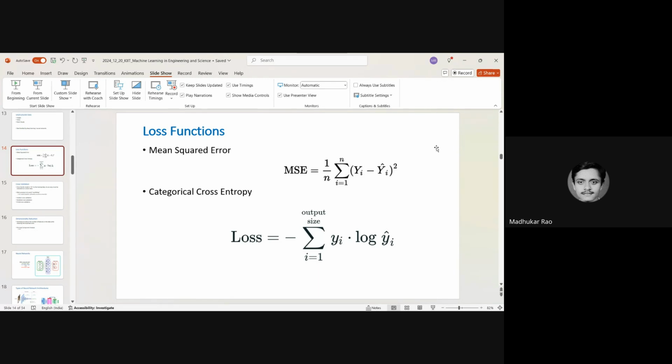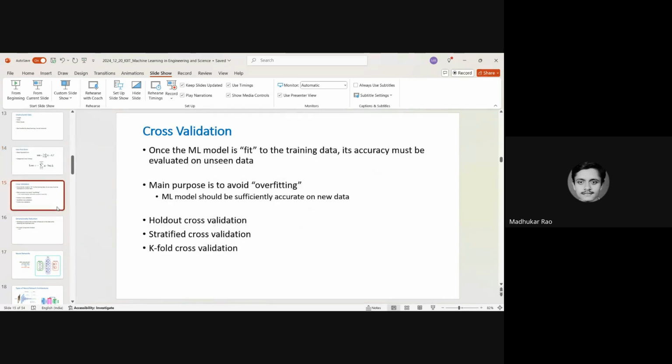It's not really important whether you take log 10 or log to base e. You take the logarithm of the prediction probability and multiply that with the correct value, and the negative of that summed over the entire data set is the loss function, and this is what you try to minimize to get the right model, the trained model.